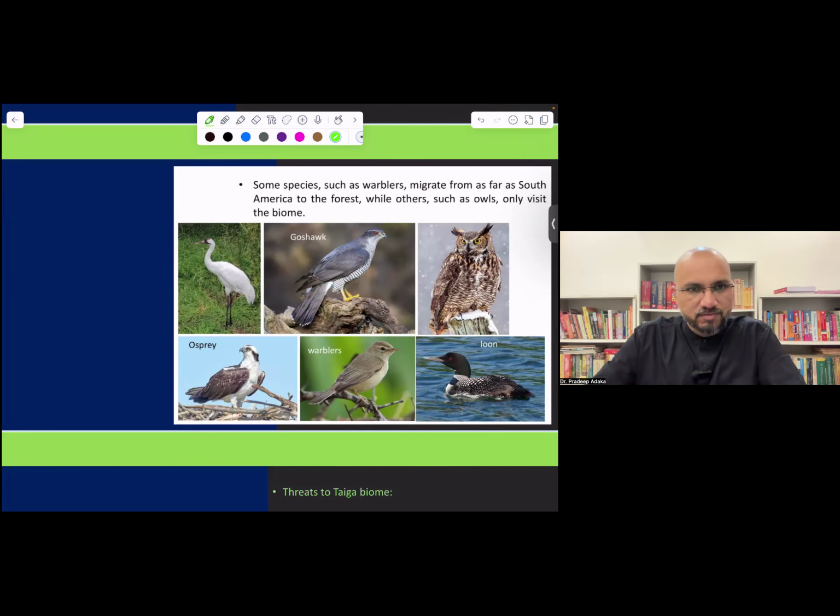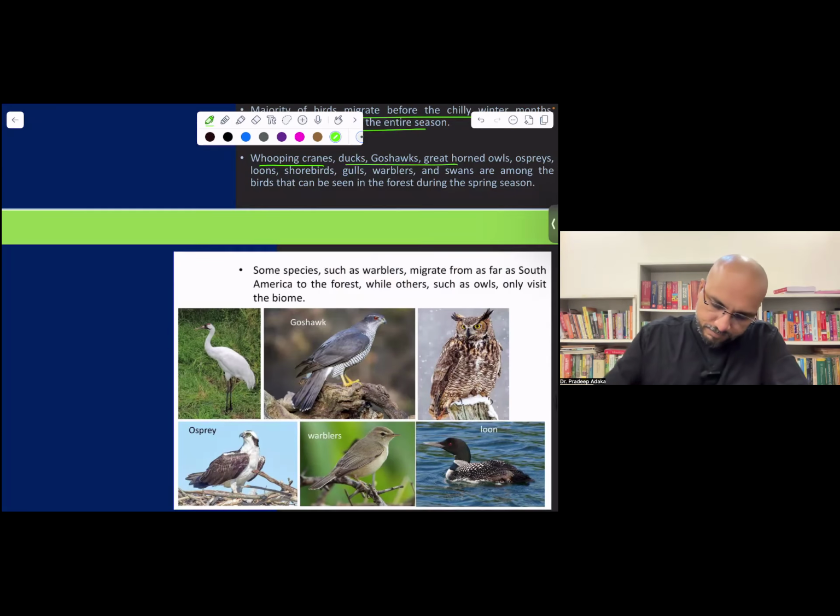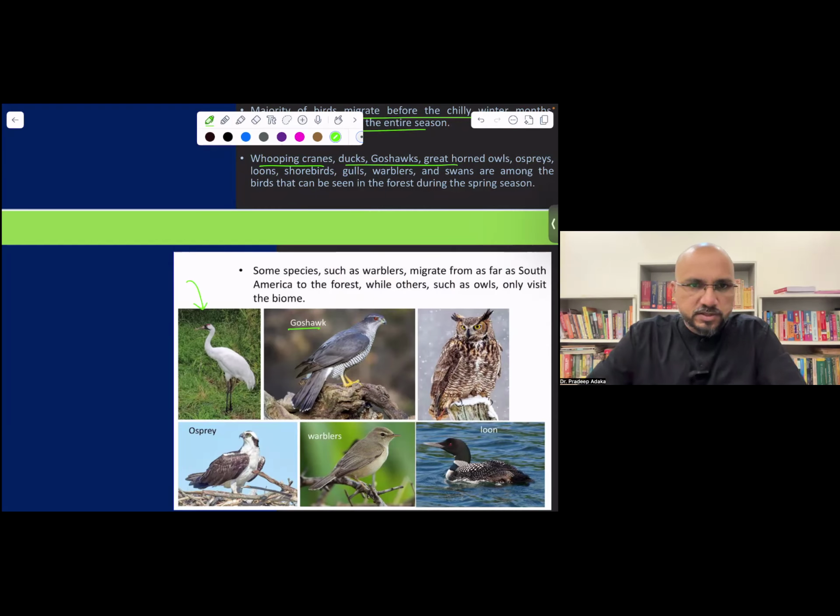Now threats. What are the threats? So taiga ecosystems are threatened by direct human activity and climate change, and also forest fires. So it is also very common in Canada. Like a couple of years back, there was a wildfire in Canada. The smoke polluted New York and all the Great Lakes area.